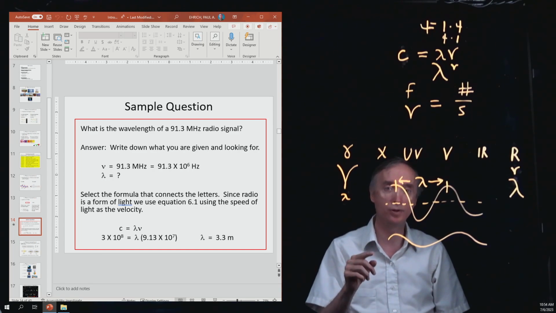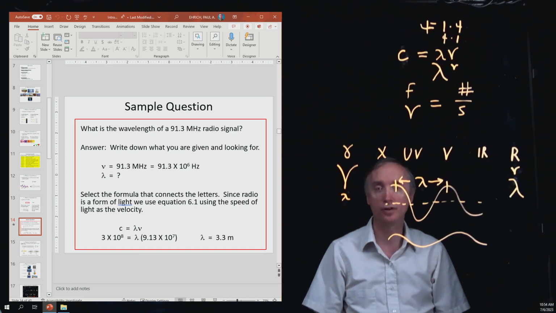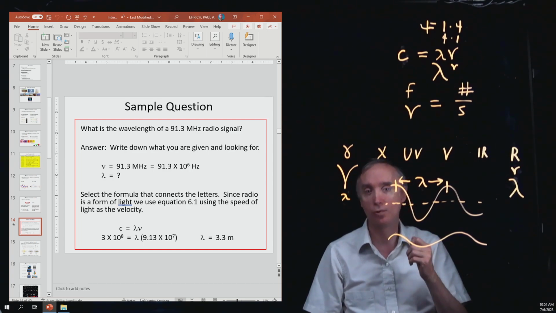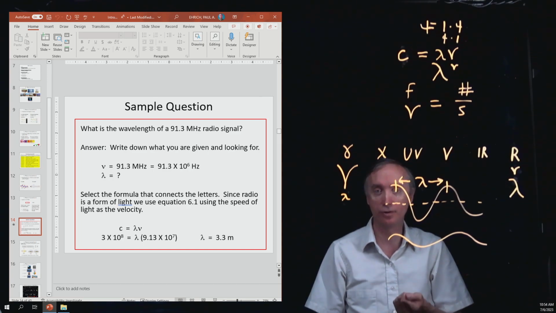It says 91.3 megahertz, and hertz is the unit for frequency. So we know that the frequency is 91.3 megahertz, but that's the wrong unit. Hertz is okay, but we need to get rid of that word mega. The capital M stands for million, so that's 91.3 times 10 to the 6th hertz.